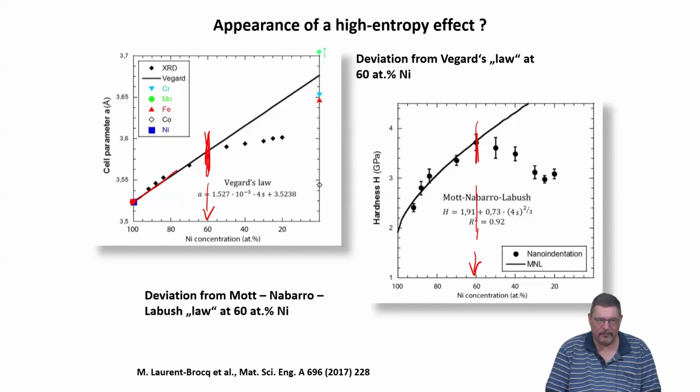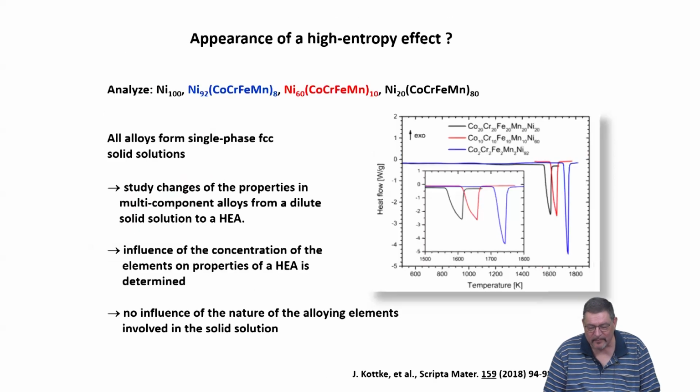And again, for me, it has to be expected that there is some kind of deviation at the higher concentrations, right? So it doesn't mean this is an indication of a high entropy effect. And people were discussing this in different ways.